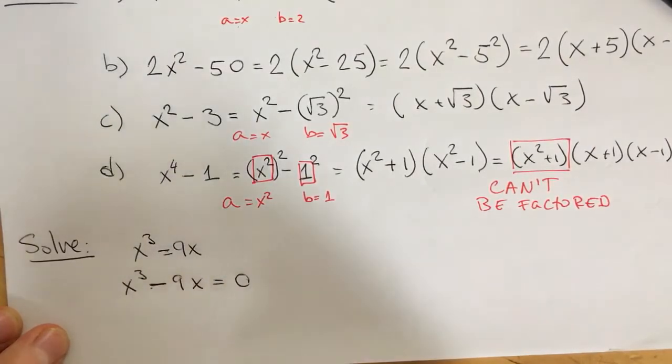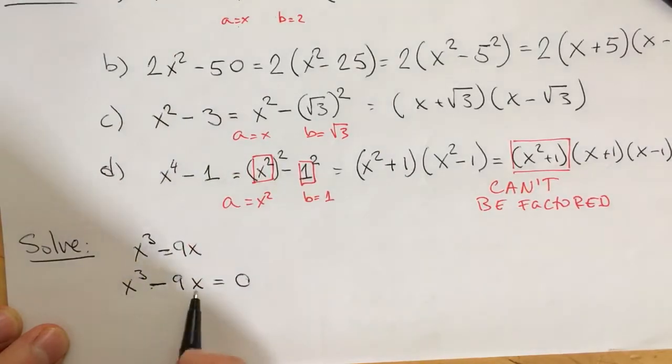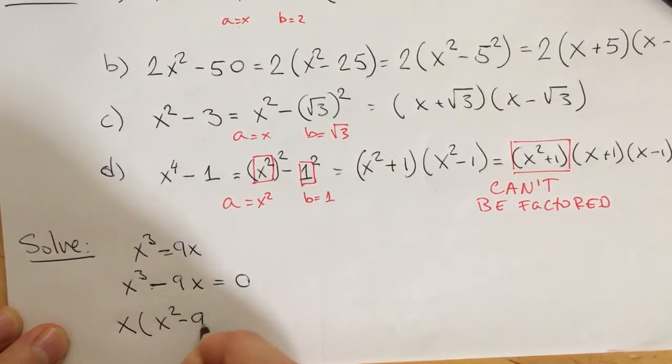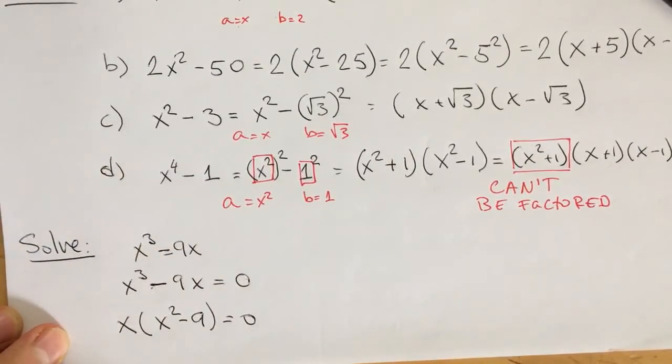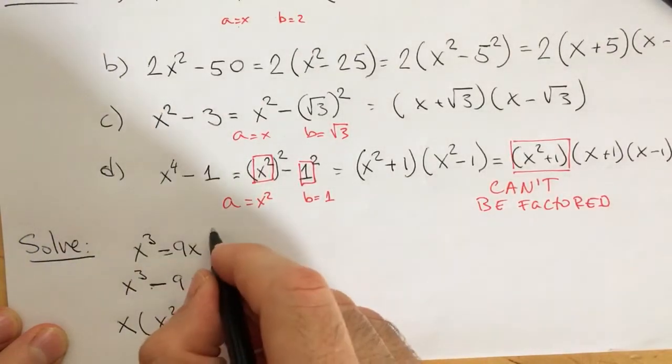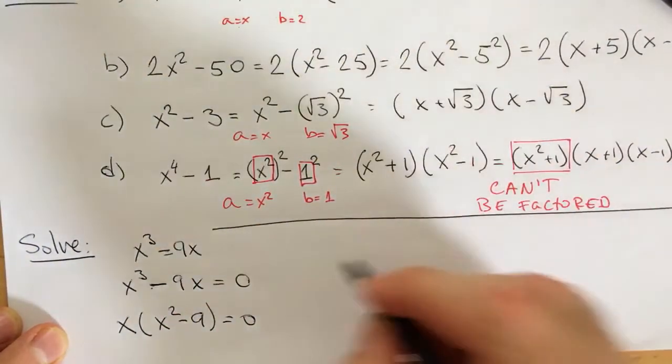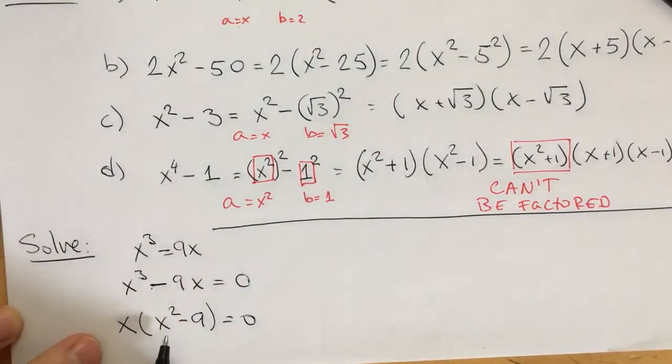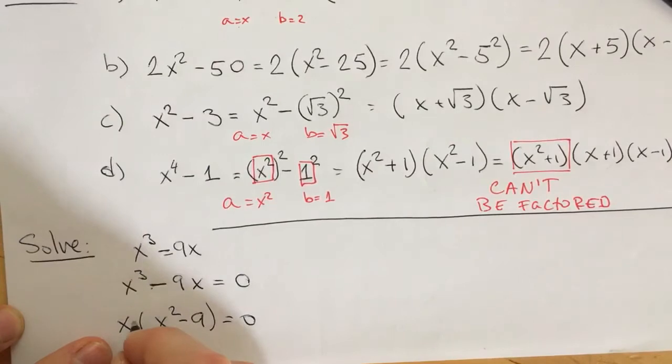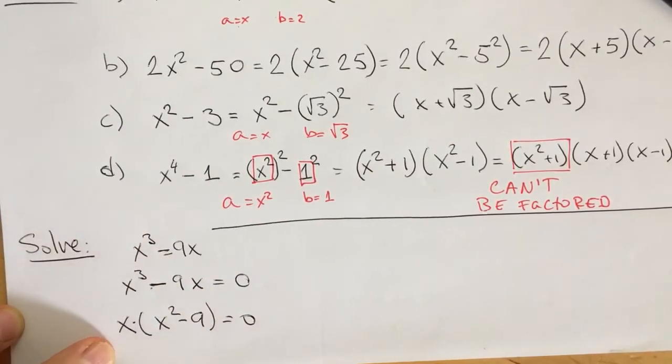Okay, now let us start factoring. First of all, what we can notice is that the common factor is x. So we are left with x squared minus 9 is equal to 0. And here, we said in the previous video, in the video about factoring polynomials, that if a product of two factors is 0, then either one of them is 0.